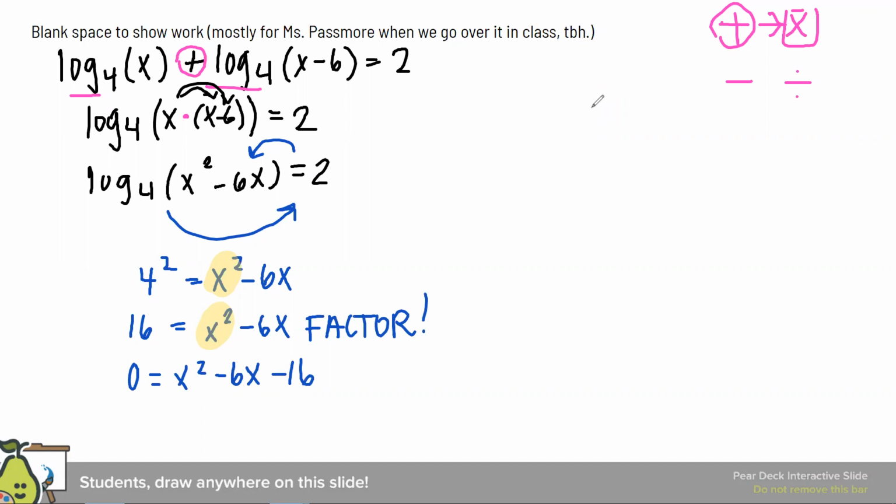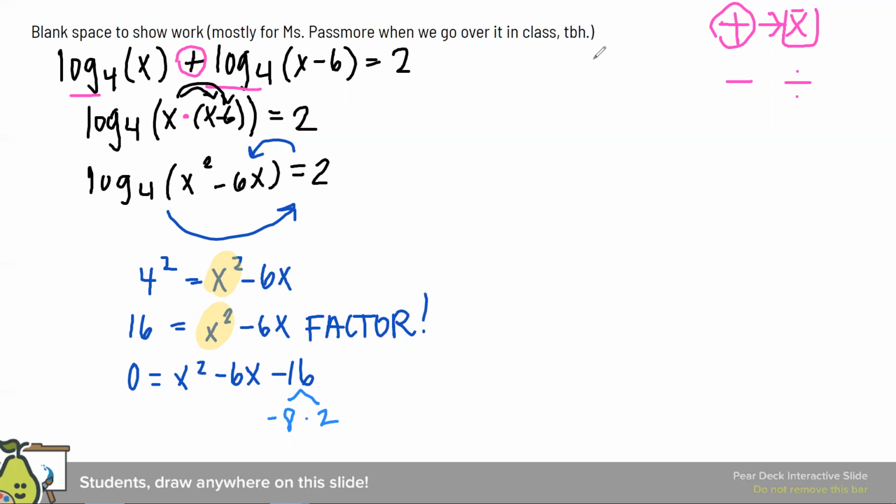And in order to factor this, I need to determine what two numbers multiplied together give me negative 16, but add up to negative 6. That would be negative 8 and positive 2, because negative 8 times positive 2 is negative 16, but negative 8 plus 2 gives us negative 6.